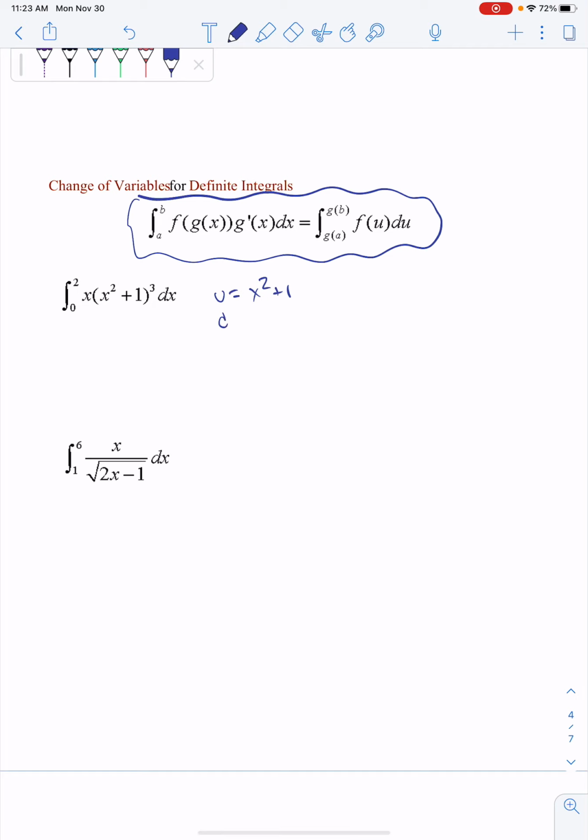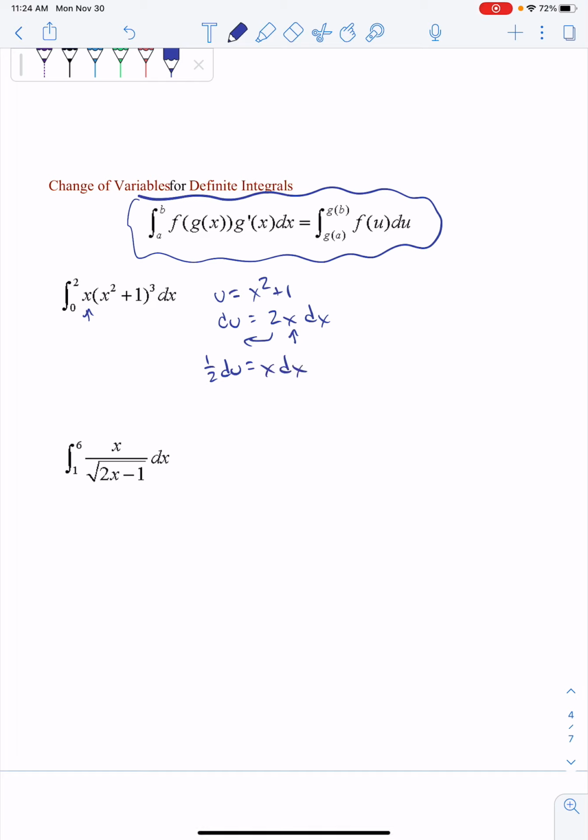That means that du is going to equal 2x dx. And I can move things around. I want to leave the x over here because I have an x on the outside. So the only thing I want to move over is the 2. So I'm going to make this 1/2 du equals x dx.